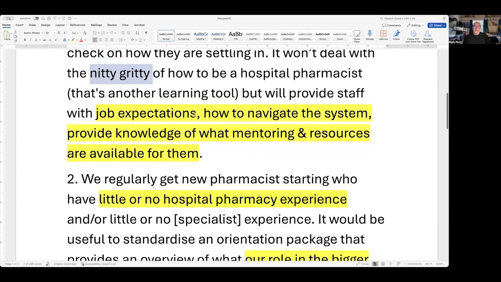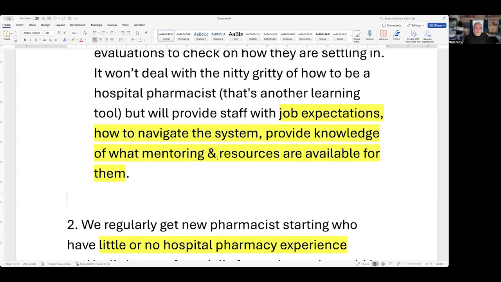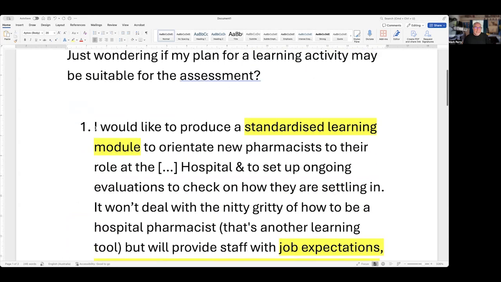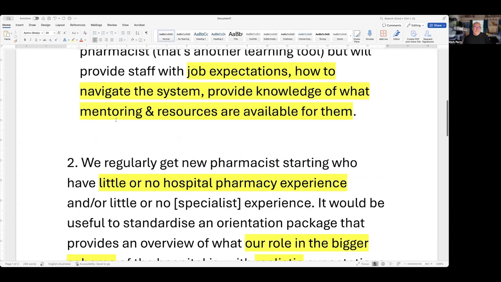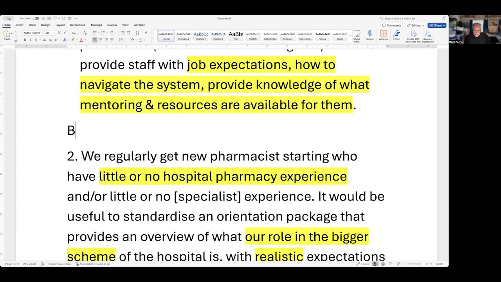So things like job expectations, okay? What I would think is we could start to develop some learning outcomes about job expectations. So I'm just going to get a bit of space here. I don't really want that to be auto. We can use other language: by the end of this lesson.